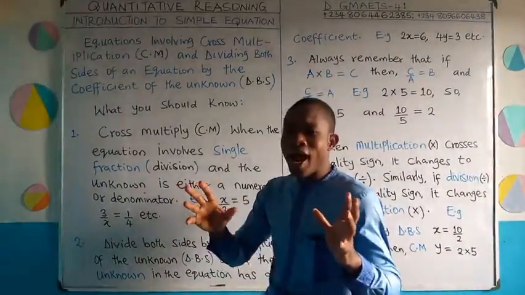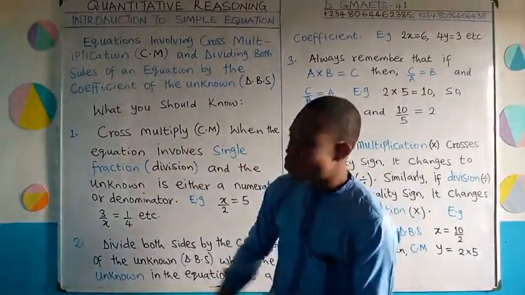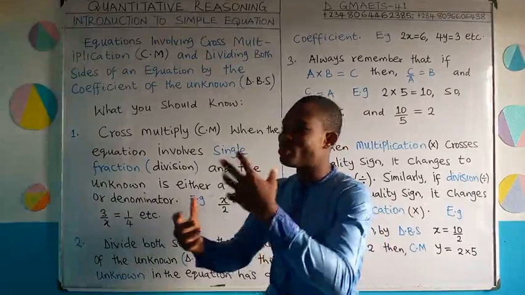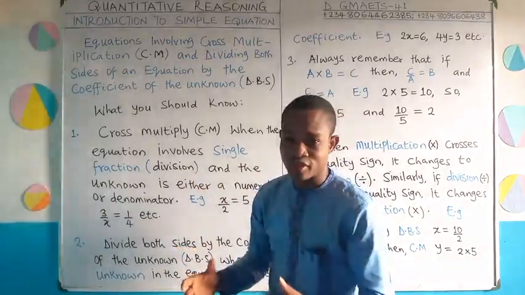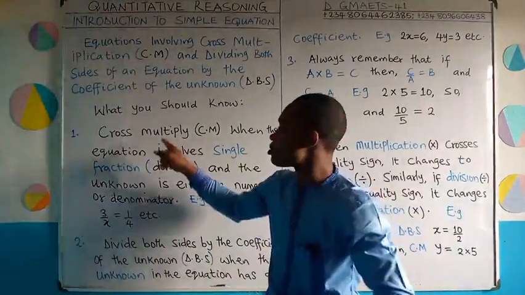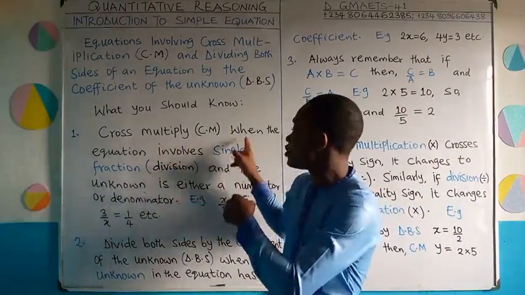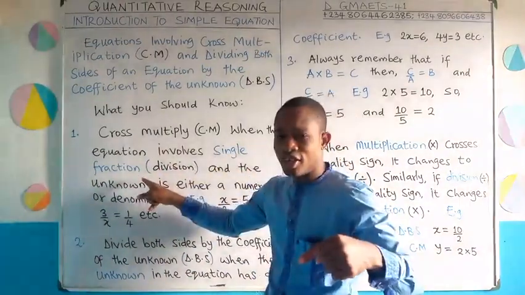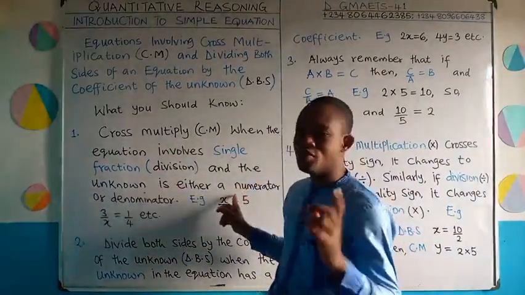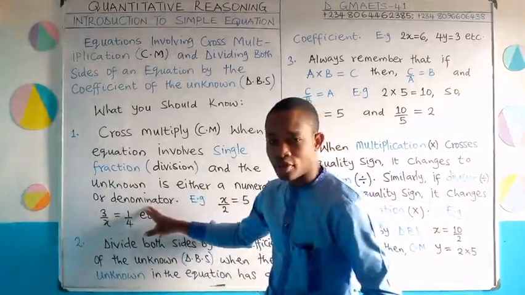Whenever you are solving any simple equation, whether in mathematics or from quantitative reasoning, what should you know? Don't wait for GMAT 41 to tell you to cross multiply when you see a single fraction there. And in the fraction, the unknown should be either a numerator or a denominator.